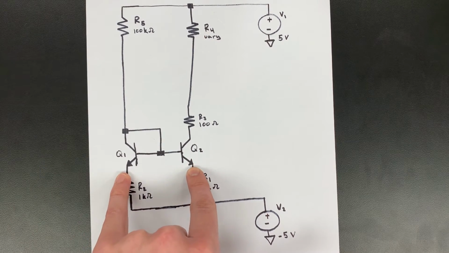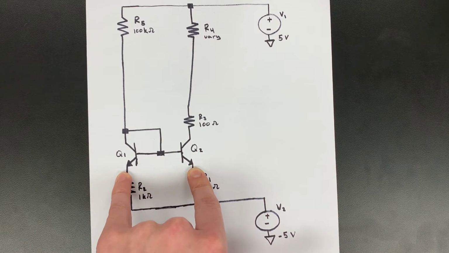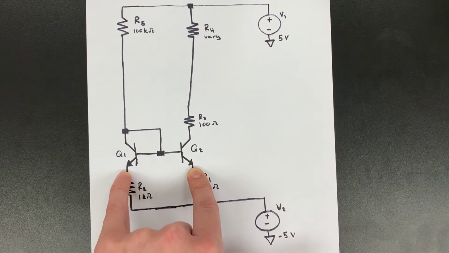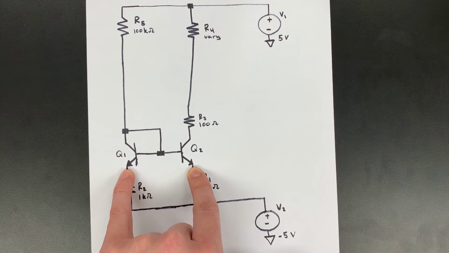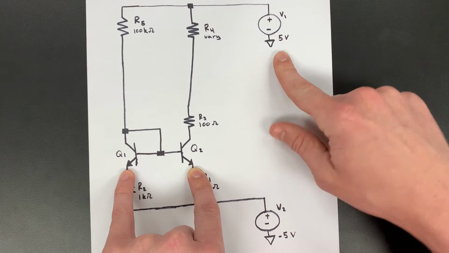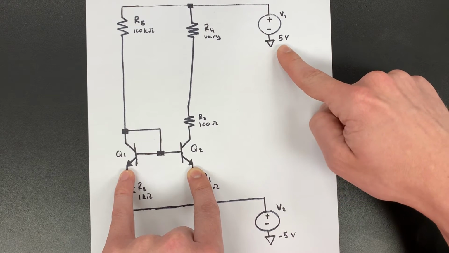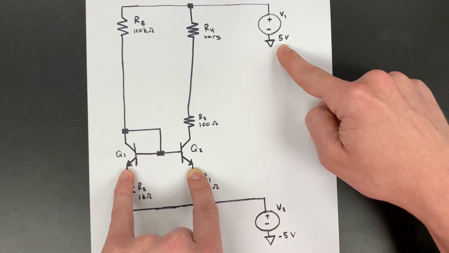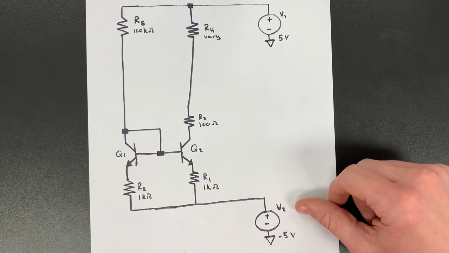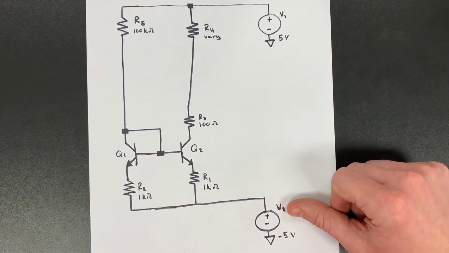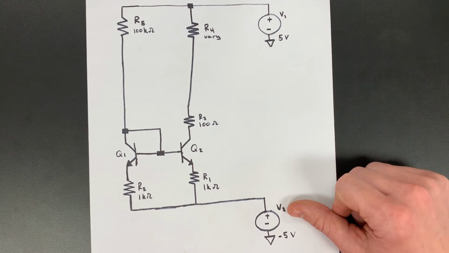The two BJTs will be the same as before in part A. And we'll have 5 volts coming from the DC power supply, and we'll have -5 volts coming from the signal generator.